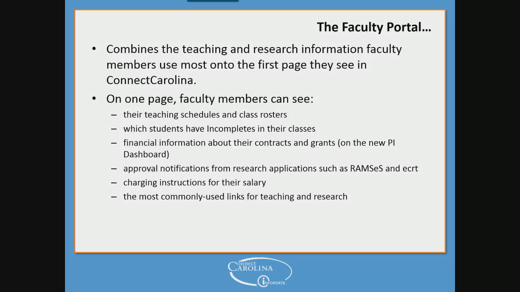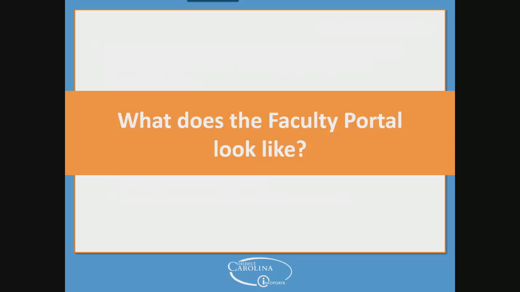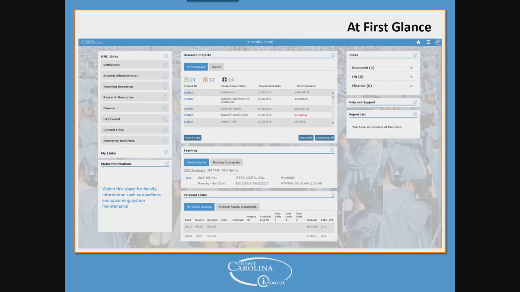Many faculty at the university, as you know, have multiple sources of funding that pay for their salary. And so they're able to see the chart field strings and the amounts of their salary. And then as well, there are commonly used links for teaching and research on the faculty portal as well. So let's jump in and give you a quick look at what the faculty portal looks like.